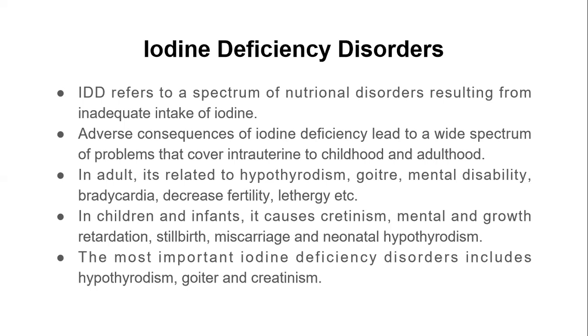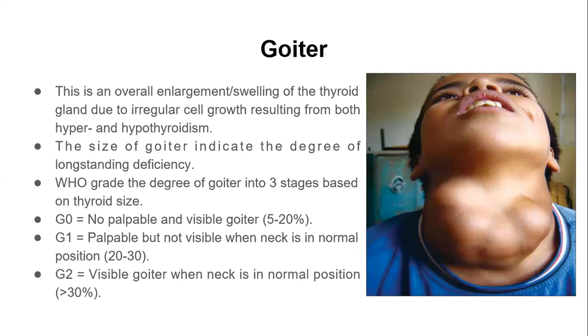In adults, we have hypothyroidism and goiter, and then we have cretinism, and mental and growth retardation in the case of children. But the most important disorders we'll talk about are hypothyroidism, which of course, while discussing, we would also discuss hyperthyroidism, and we talk about goiter, and we talk about cretinism. Now, starting with goiter.